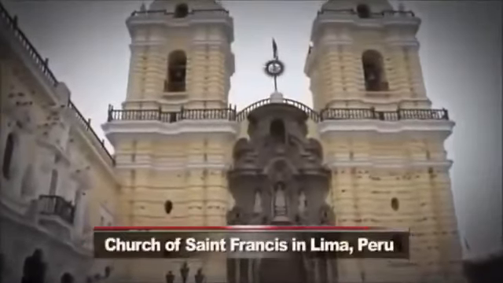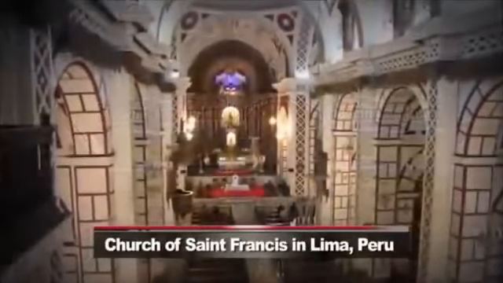A Catholic church in the Czech Republic is designed with the bones of over 40,000 human bodies, and it attracts people. The crypt of the Church of St. Francis in Lima, Peru, retains the remains of tens of thousands of people.